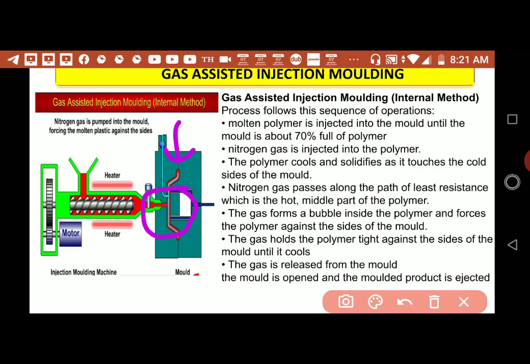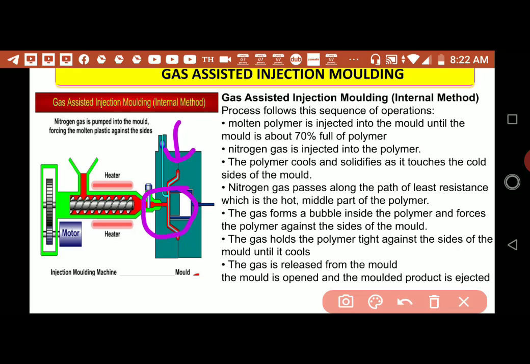The polymer cools and solidifies as it touches the cold side of the mold, and the nitrogen gas passes along the path of least resistance, which is hot, mainly in the middle part of the polymer. The gas forms a bubble like blow molding.